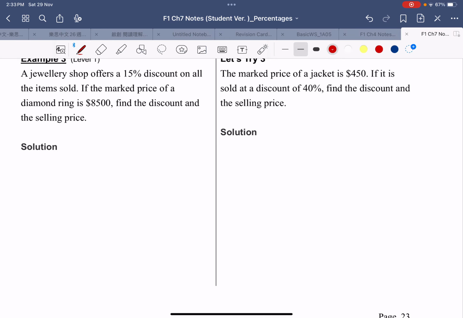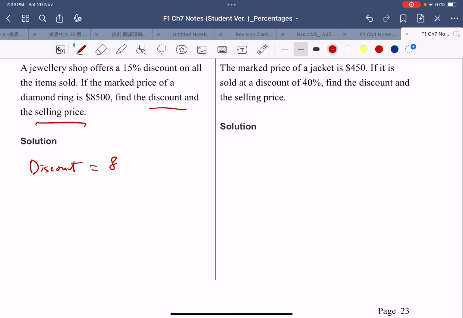So now you're going to get the discount and also the selling price, two things. Discount first, 8500 market price over a 15% discount.